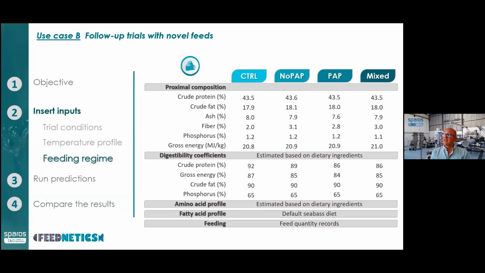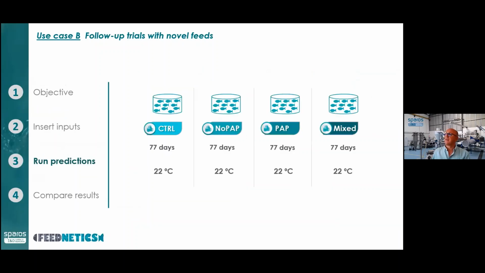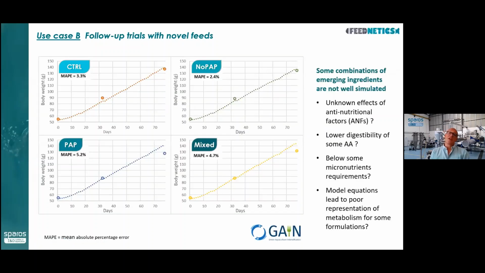The amino acid profile was estimated based on the dietary formulation as well, and the feeding that we considered for the predictions was exactly the same that was fed to the fish fed ad libitum in the zootechnical trial. So the feeding was based on feed quantity records, not on the feeding table in this case. The trial and the predictions lasted for 77 days with the four diets at a temperature of 22 degrees, as I said. And here you can see the results for the four diets.